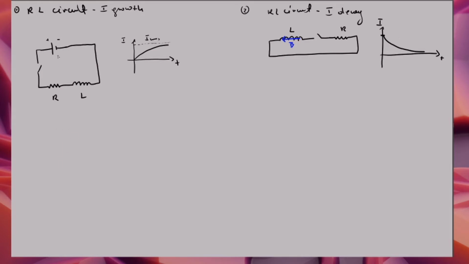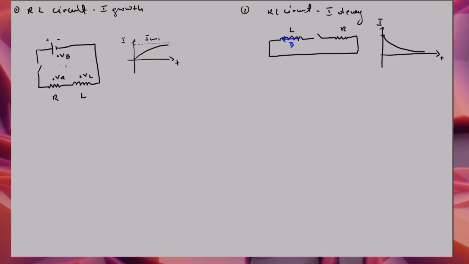And looking at this here, what we have is a certain voltage at the battery. We have a certain voltage across the resistor. We have a certain voltage across the inductor. So I'm going to put here the L, the R, and the B. And we'll just walk around this loop and add up all of the voltages.